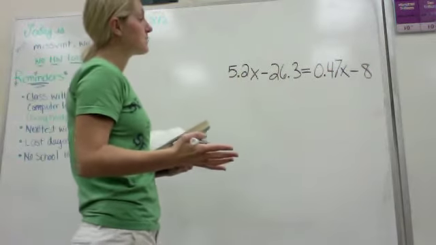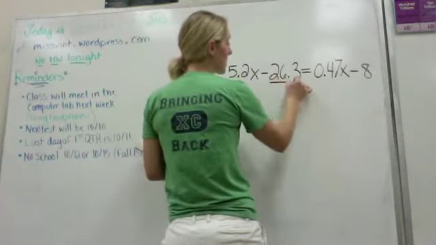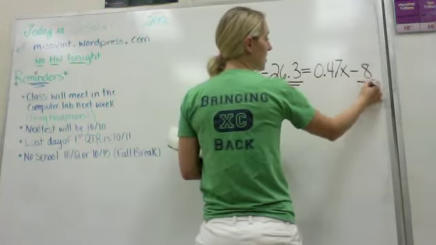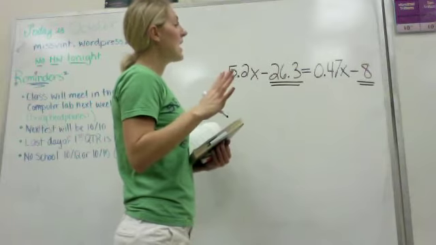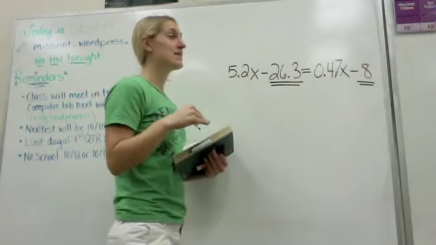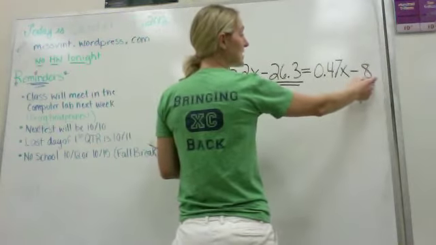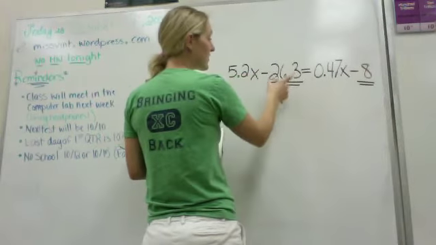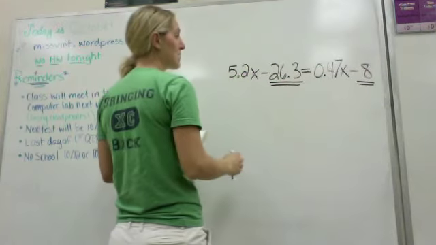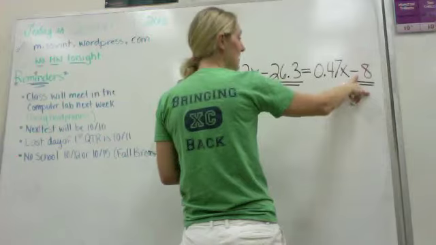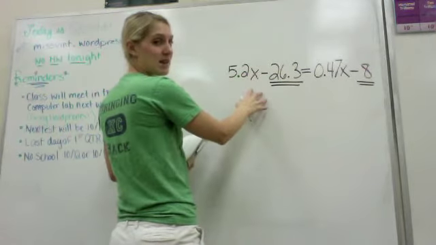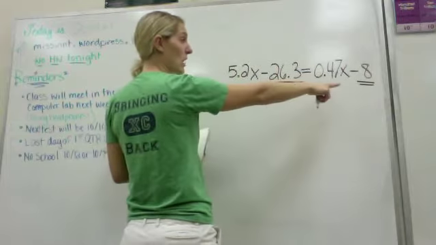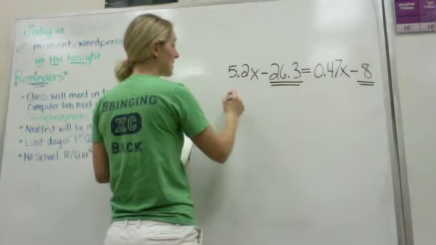I ultimately want to be able to combine this figure with this figure, okay? I can do that, but if I want to switch the side, then I have to switch the sign. So what I mean by that is, let's say I want to take this negative 8 and I want to put it on this side. It's going to become a positive 8. It's the opposite of what it was on the other side of the equal sign, okay?